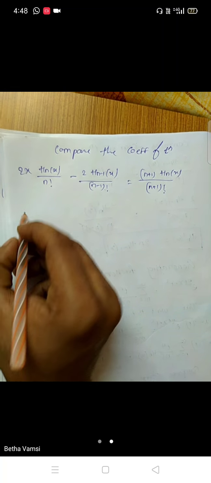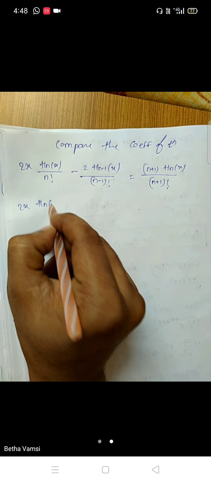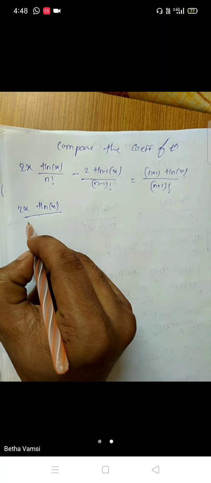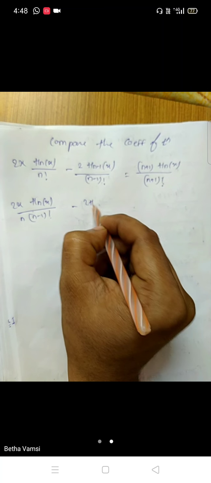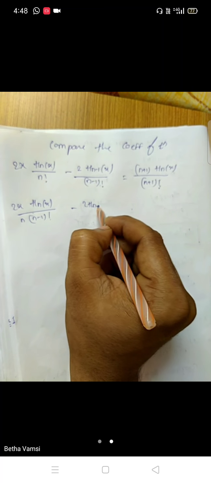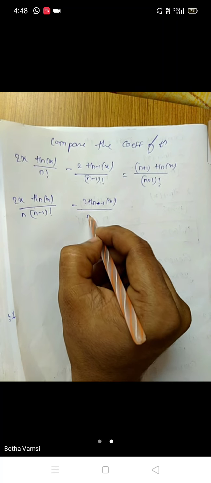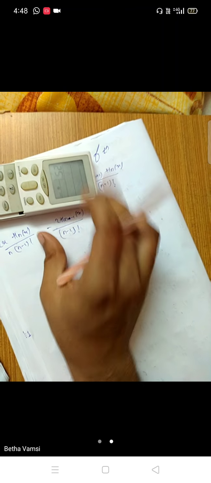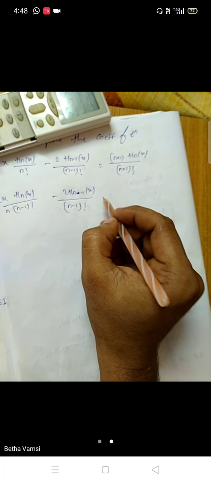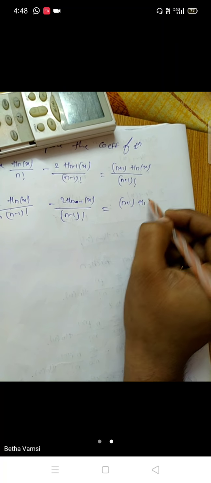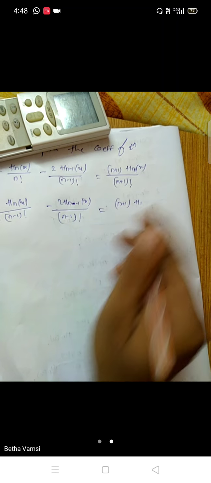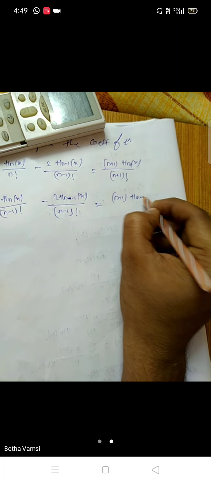So 2x into H_n of x divided by n into (n minus 1) factorial, minus 2 H_(n minus 1) of x divided by (n minus 1) factorial, equals (n plus 1) into H_(n plus 1) of x.